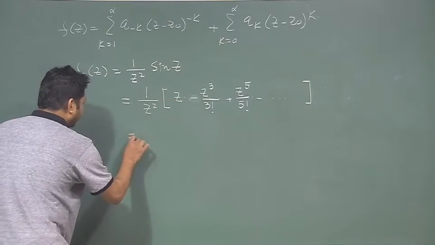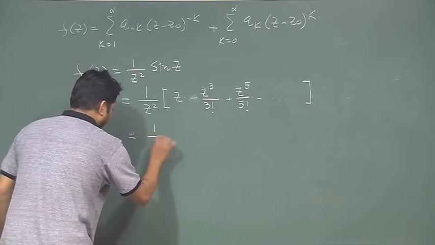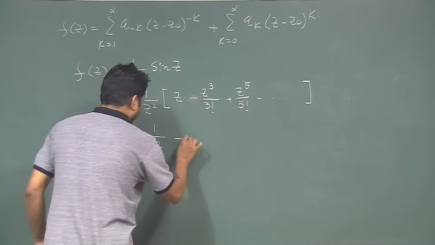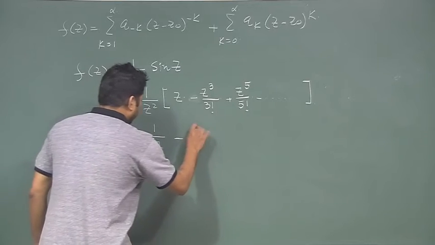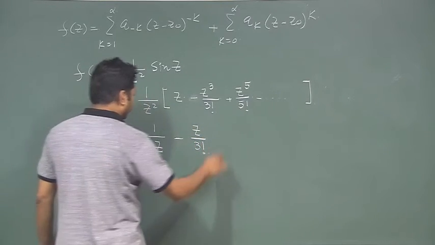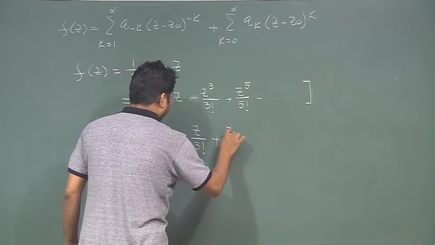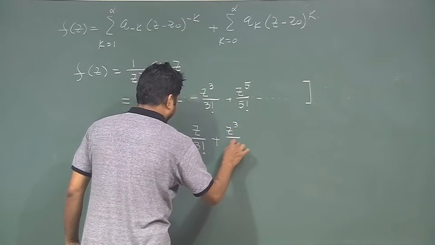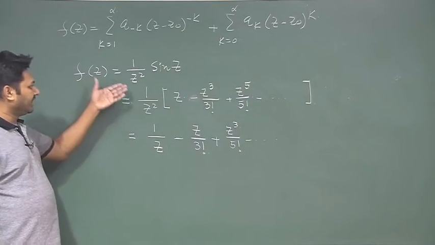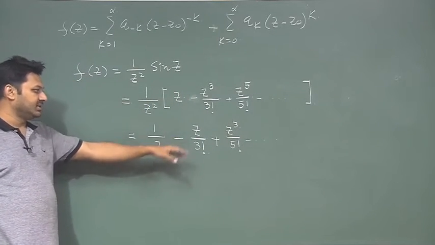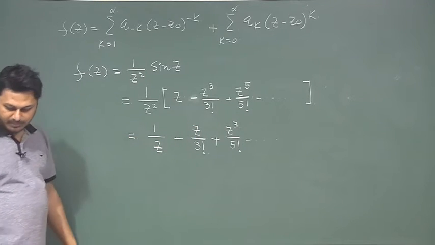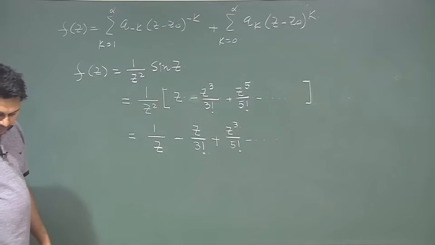Now if I simplify, the first term will be 1 by z, the second term will be z divided by factorial 3, the third term is z cubed divided by factorial 5 and so on. You should note that every time I expand this series, the coefficients are changing.